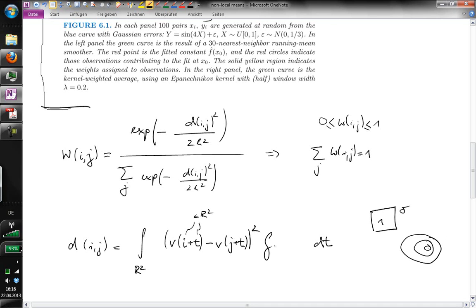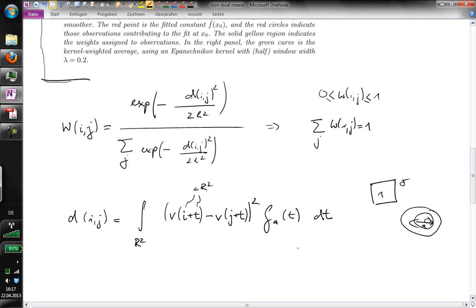So I'm writing G here for a Gaussian with standard deviation A. So the size of this Gaussian would be given here by A. But that's a minor detail. And as I said, people use different implementations, and sometimes they use the Gaussian, and sometimes they simply use the box weight function, which is 1 inside and 0 outside.